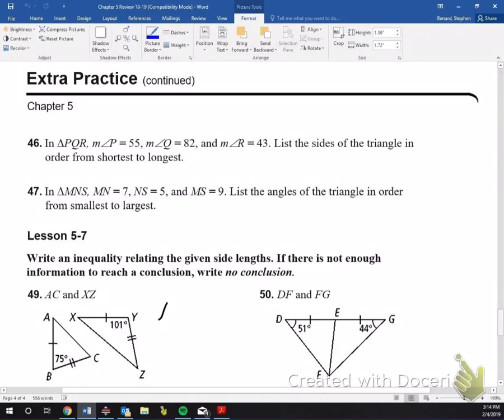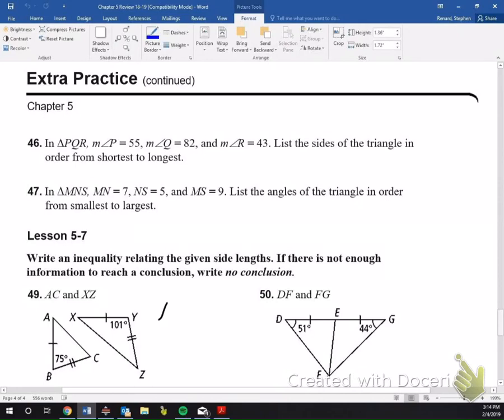Okay? Now, number 49, we've done these. This is the Hinge Theorem. If two triangles have two congruent sides and non-congruent included angles, then the larger side lies opposite the larger angle.